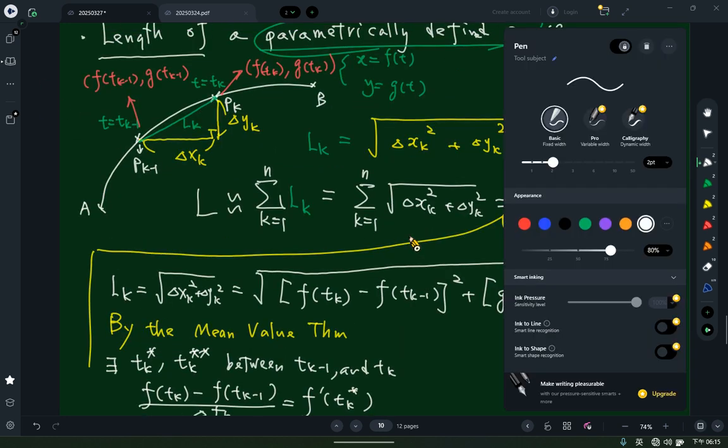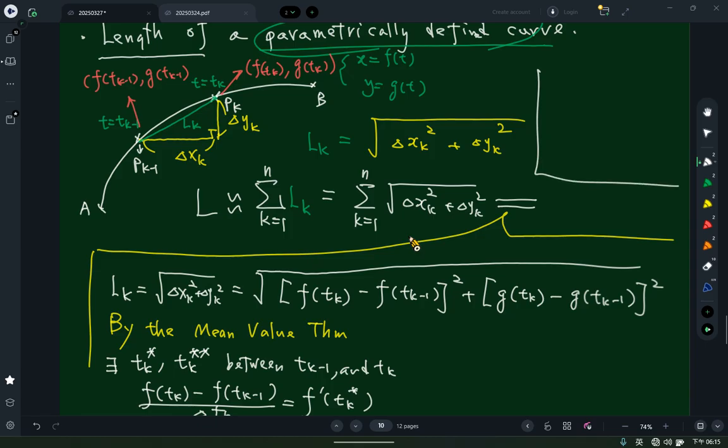Mean value theorem 就是说，maybe I just show here，如果我给你函数 f，对不对？然后这边有一个 t_{k-1}，这是 t_k，对不对？So we can just link them together.